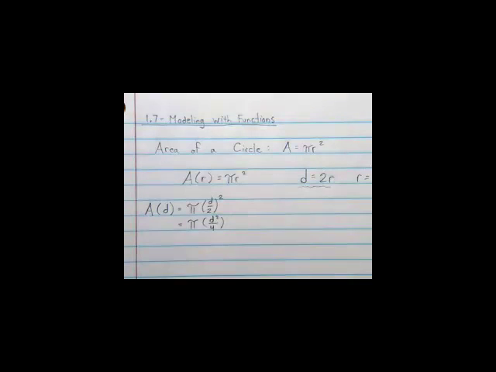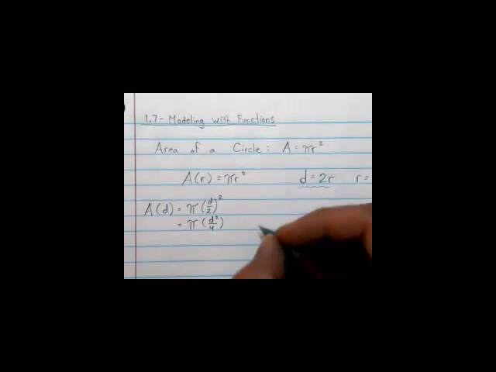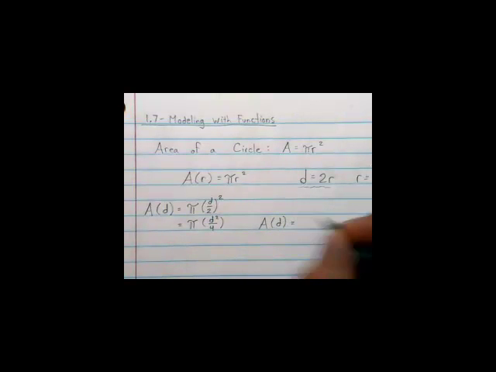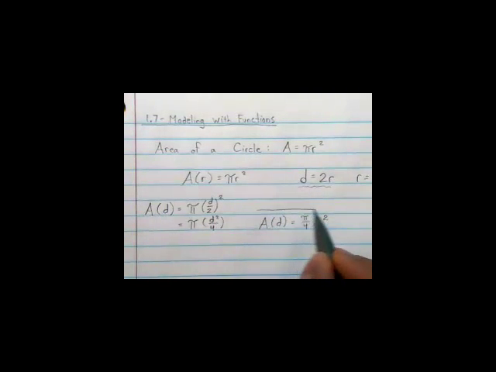And then just because it's a more accepted way to write it, since pi is technically a number, I could take the pi and the 4, make it a fraction, and then the d squared can come off the 4. So the cleanest looking version of this would be pi over 4 d squared.